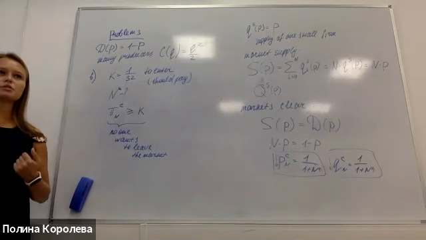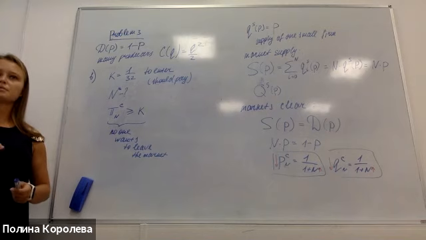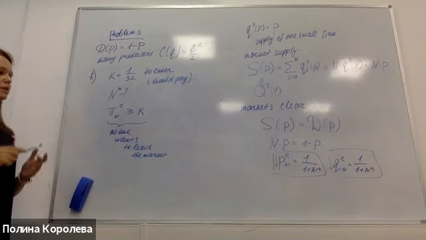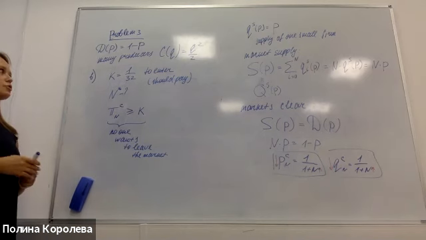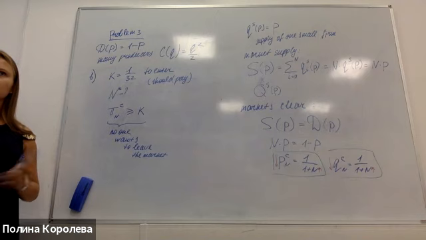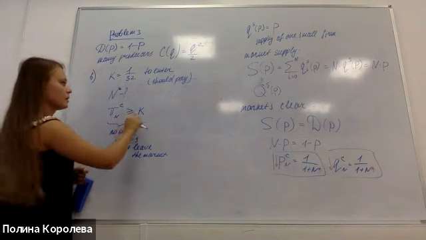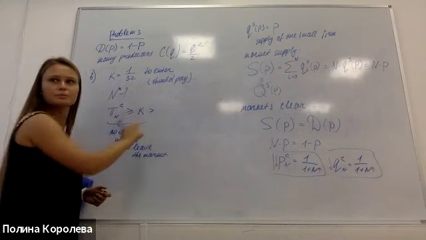What is the condition for firms not to enter the market? The next firm, n plus 1, should not want to enter the market. This entry fee should be bigger than what?